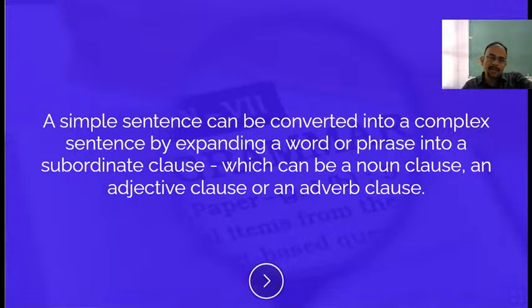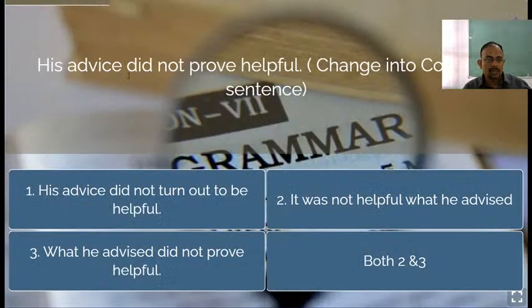Yeah, it can be any type of clause, but there should be a subordinate clause and a principal clause. Then only it should be a complex sentence. Now let's move on to the next question.